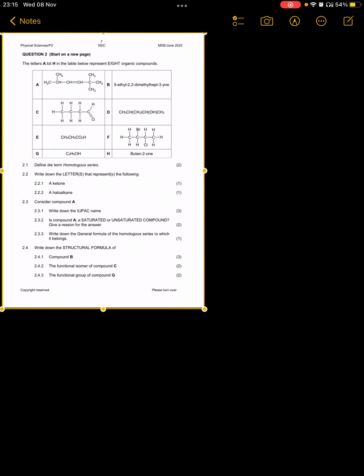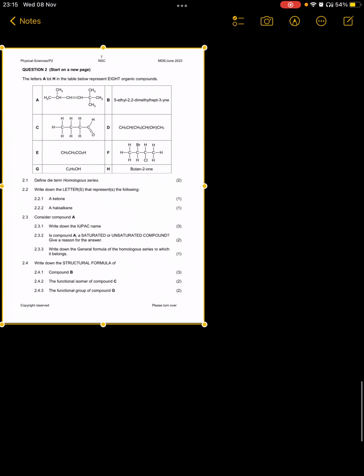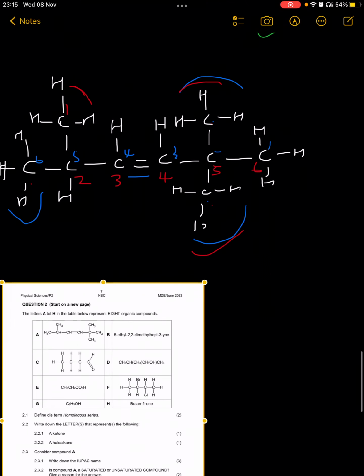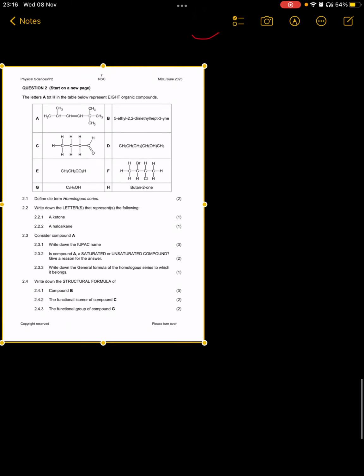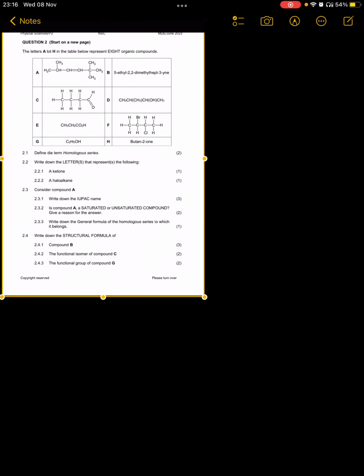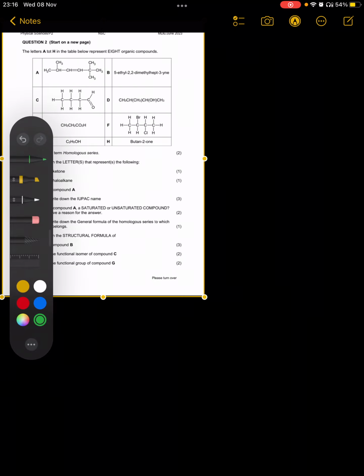For 2.3.2, considering compound A, still on compound A, which is this one here. Well, just a few seconds to look at it. Right. Is compound A a saturated or unsaturated compound? You can see it here, it has a double bond, and all compounds with double bonds are called unsaturated. My handwriting is becoming much more like a doctor here.